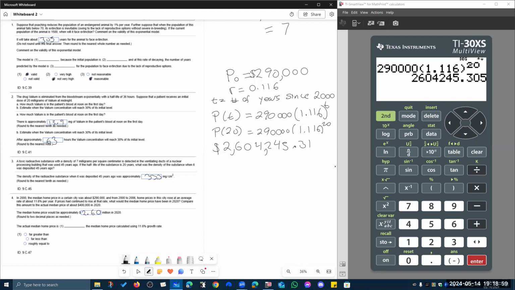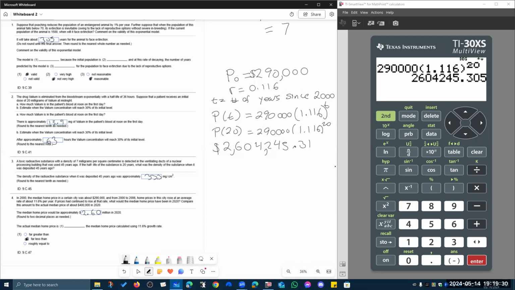Well, is the expected median home price. The actual median home price is far less than the median home price calculated using the 11.6% growth rate. That growth rate was not constant over this period of time.